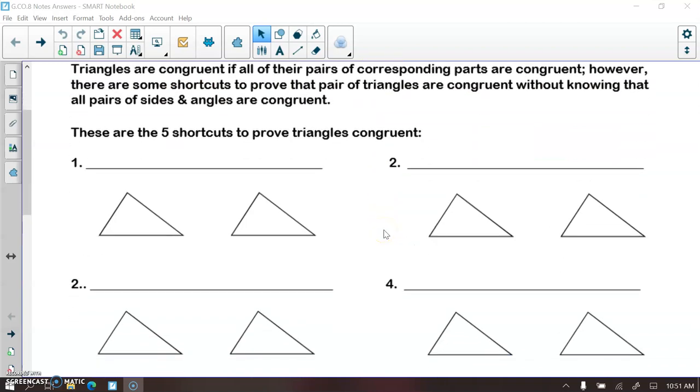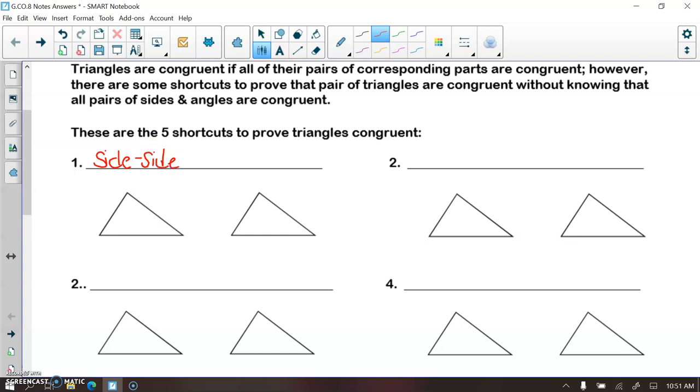So for number 1, one of the shortcuts is called the side side side congruence postulate. You are totally able to abbreviate side side side to SSS.